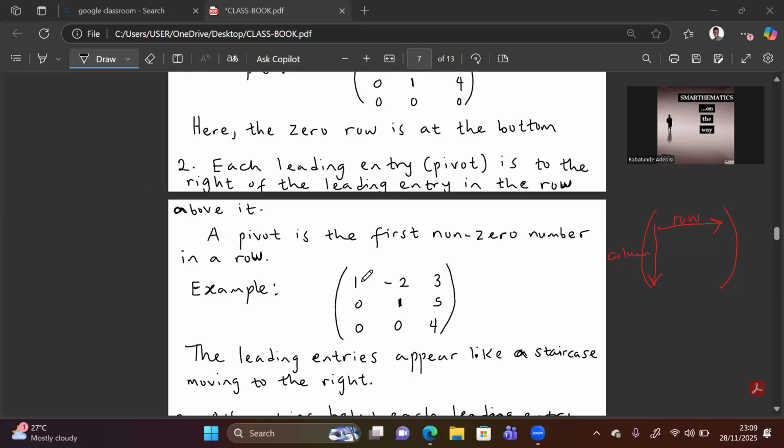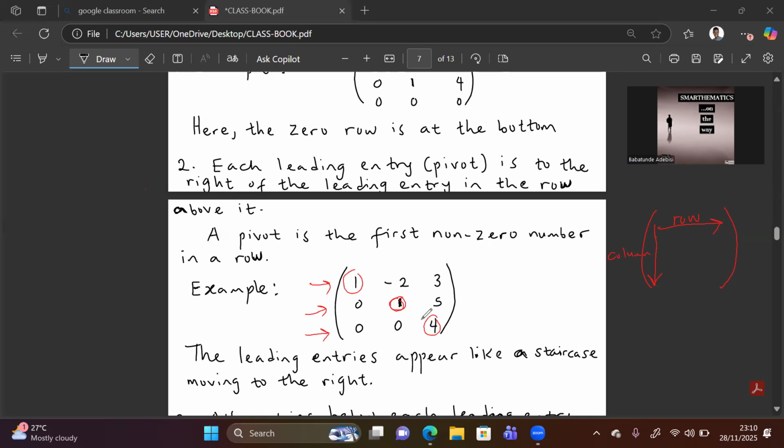If you check the second row, for the first row, this one is the first non-zero. For the second row as well, the one here is the first non-zero. For the third row, you can tell that this 4 is the first non-zero. So these are the pivots. And what happens is that whatever you're having under them will be 0, 0, 0, 0, just like a staircase.